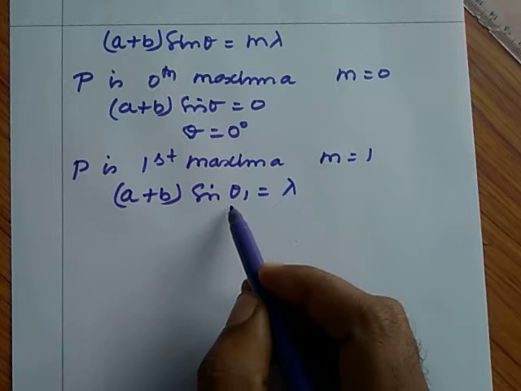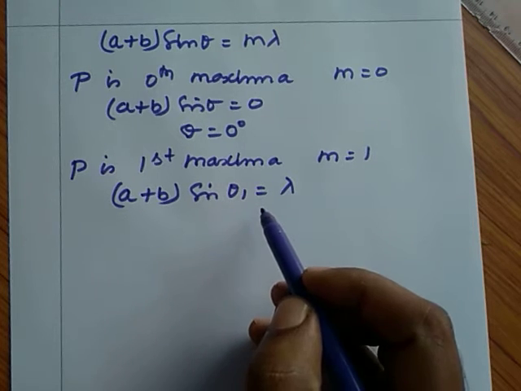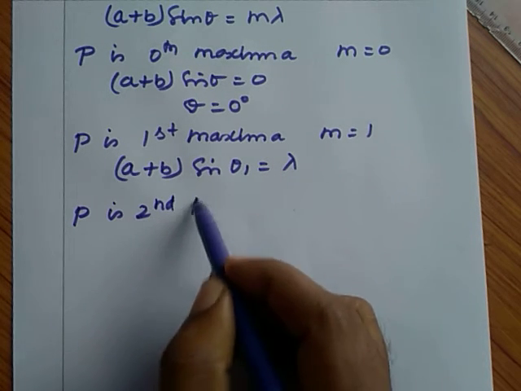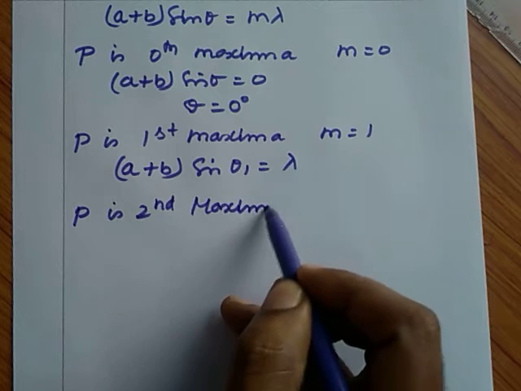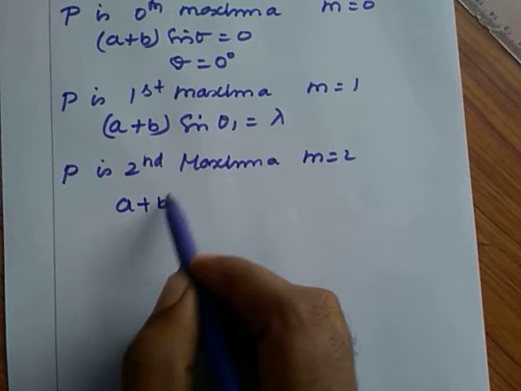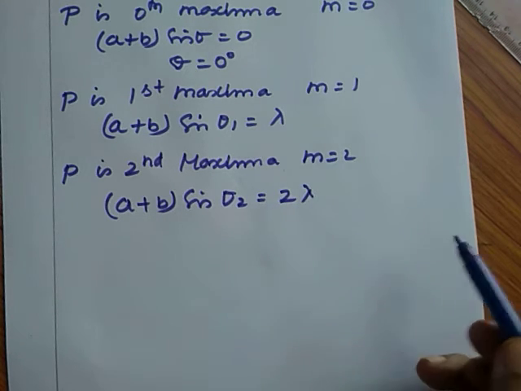Here theta 1 is the angle for getting the first maxima. Then for point P to be the second maxima, m is equal to 2, we can write A plus B sin theta 2 is equal to 2 lambda.